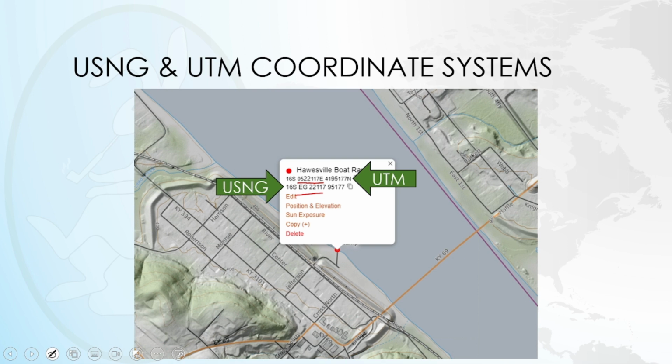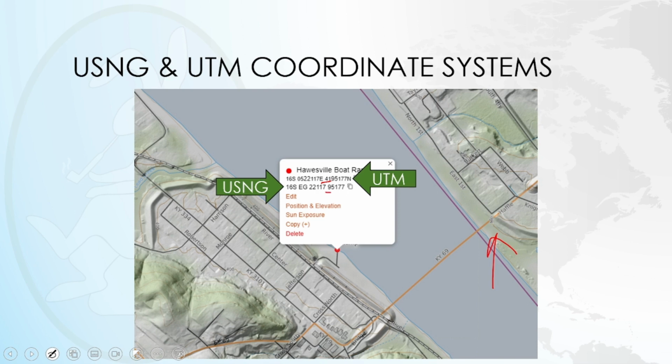Looking at the second part of the coordinate, the UTM starts the northing, that's the part where we read up. The northing is the part where we read up. It starts it off with the 4 1-digit, but you can see right here, in US National Grid, it's not there.